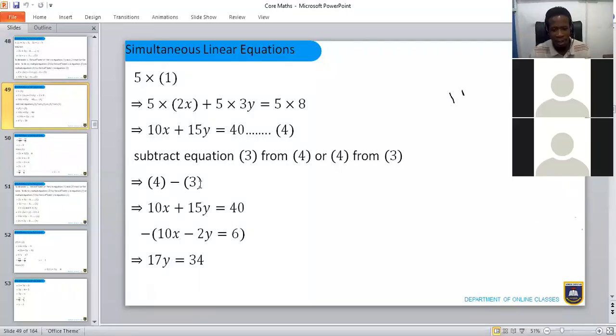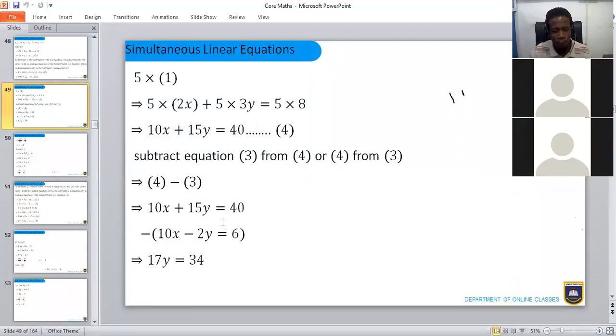So equation 4 minus 3, or equation 3 minus 4, whichever way it is. But here we have equation 4 minus 3. That's going to give us 10x plus 15y is equal to 40, minus the whole equation 3, which is in the bracket.